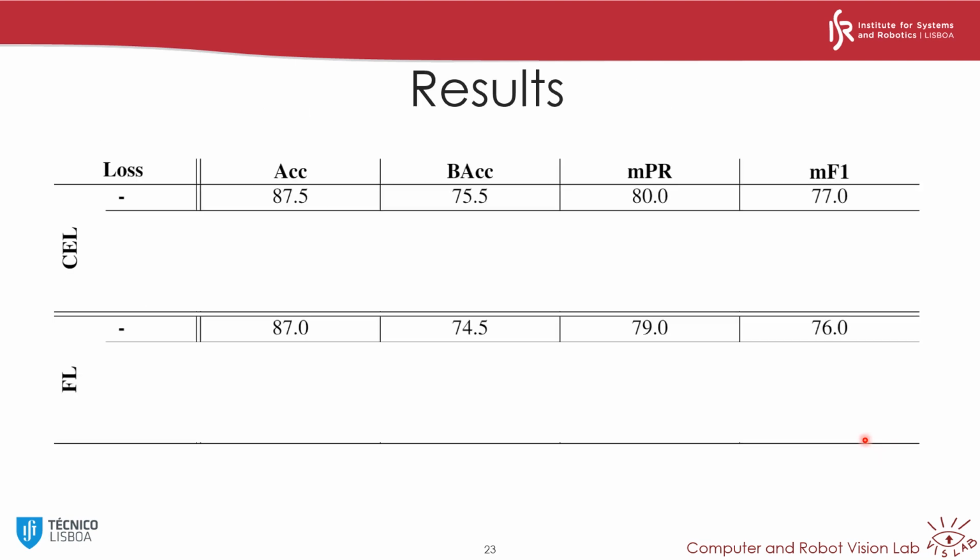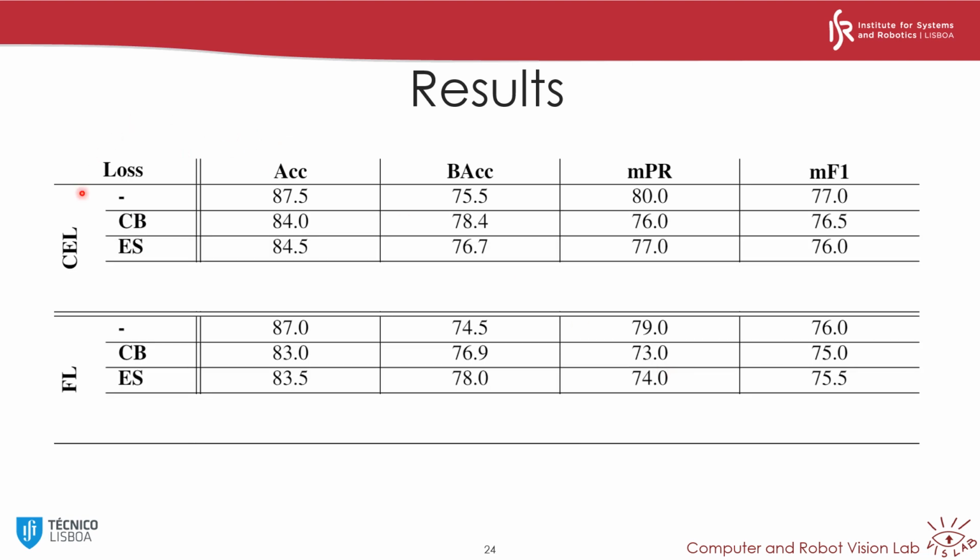Let's look at the performance of the baselines defined by the cross-entropy loss and the focal loss for the hierarchical classifier, and I invite you to check the performance for the other model in the paper. As you can see here, the performances are very similar, with focal loss achieving slightly lower results than the other. When we add the class balancing weighting strategy, something that we notice right away is that the values for the balanced accuracy increase significantly.